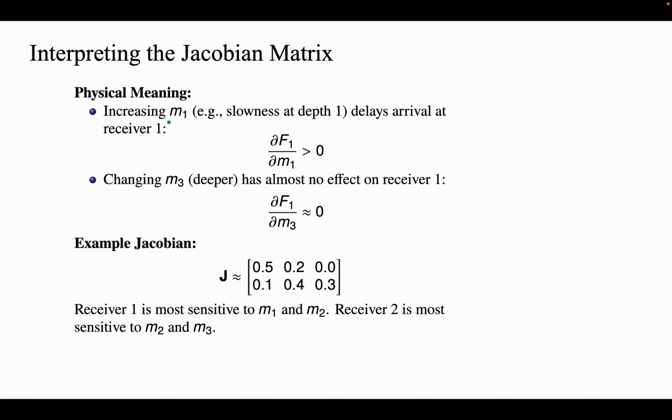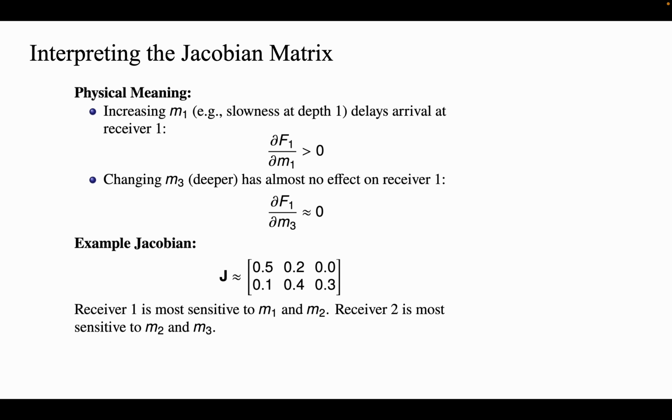So physically what I mean to say is, when I say del f1 by del m1 is greater than 0, that means there is a delayed arrival at receiver 1 when I increase m1. It is like a change in the value, right?